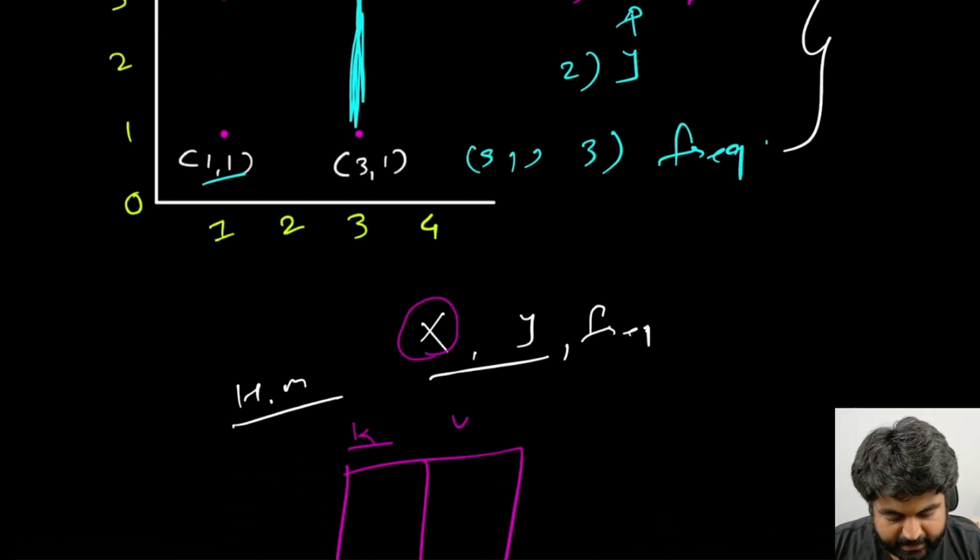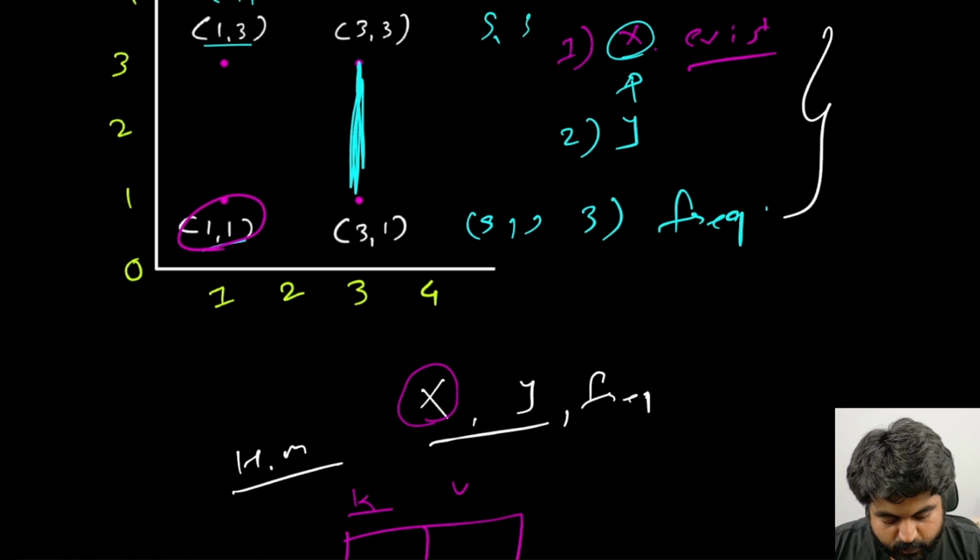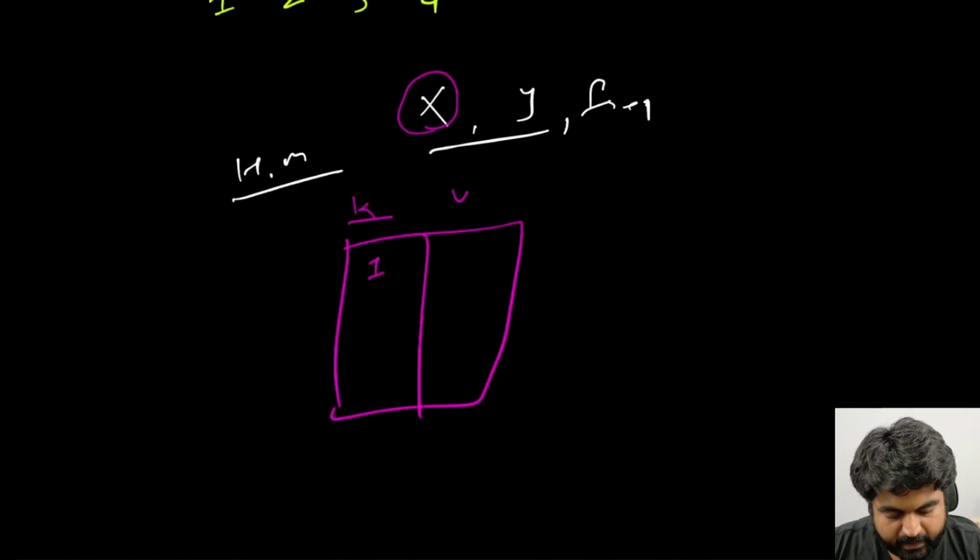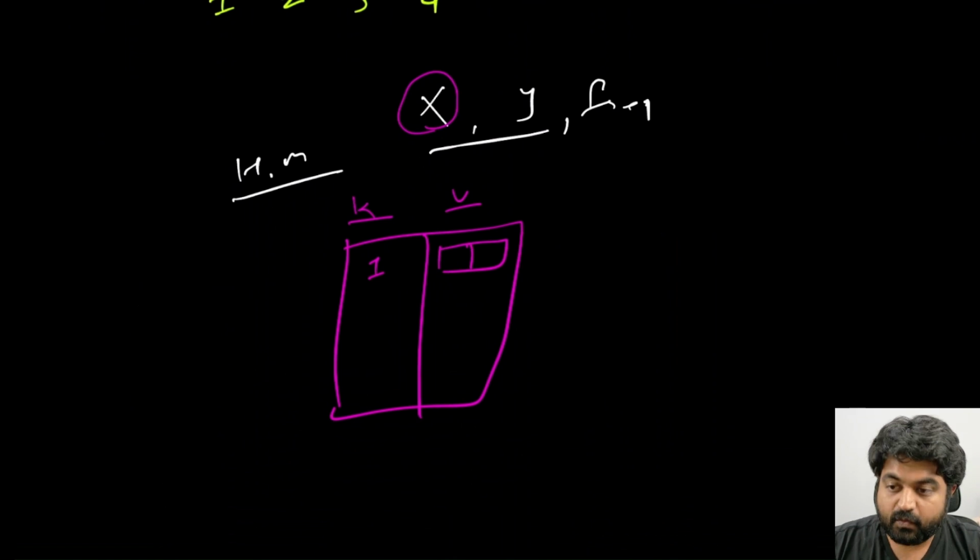So let's say that currently first we had the value 1 1, we would have added 1 over here, and as its appropriate value we are also going to store one more hash map, a mini hash map within hash map, and that too is going to run basically the same way. It is going to have a key-value pair of its own, where the key is going to be the y coordinate.